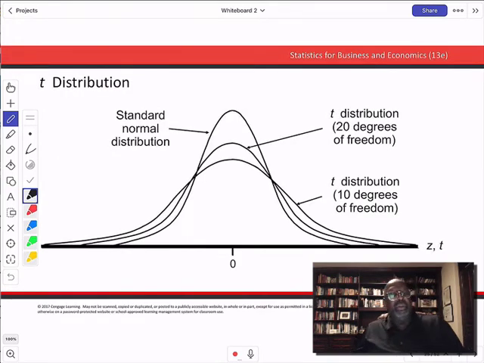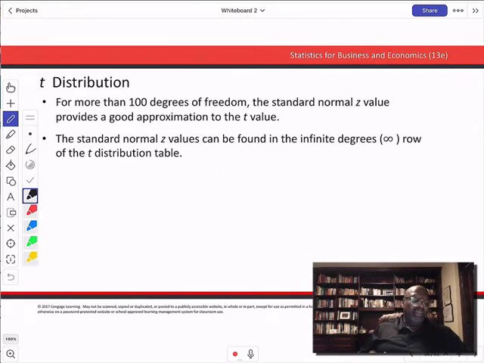So this is kind of what it looks like. If this is your standard normal right here, the skinny one, the t distributions are shorter and they have longer tails, as I was telling you. So they look like a normal distribution, but they're shorter and have longer tails. And then as the sample size gets larger, the t values start to look very close to the z values.